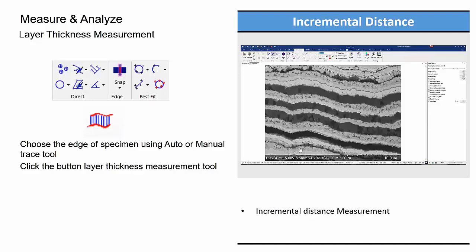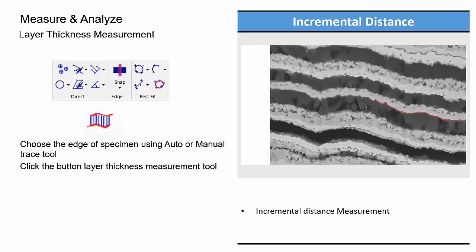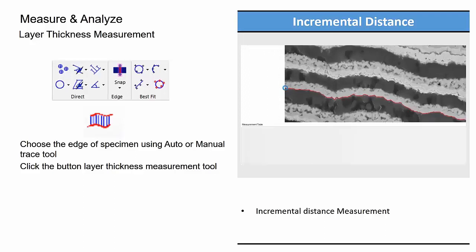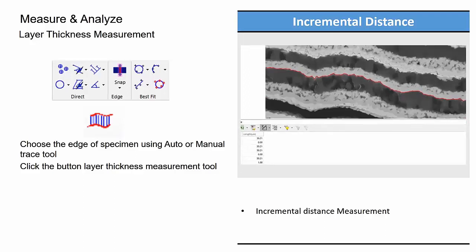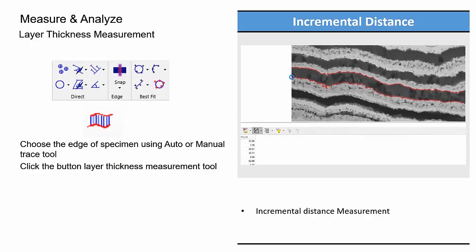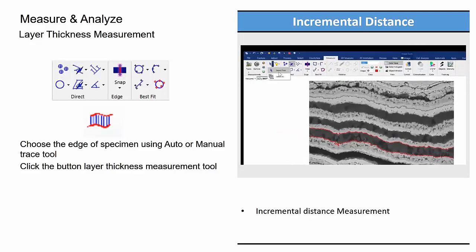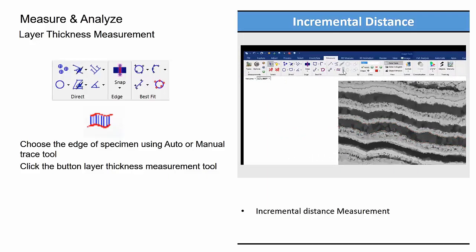So in this case, a feature called incremental distance. This is just an example. There are a couple of ways of doing this, but in this form, it's simply defining a layer, defining the edge of it, and defining the second edge. And through this feature called incremental distance, I can choose the sampling of how often I want to take a sample across that particular coating.